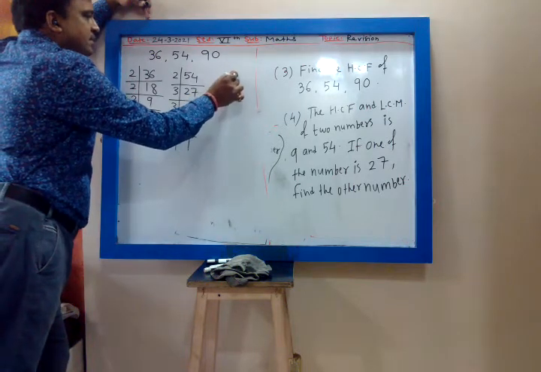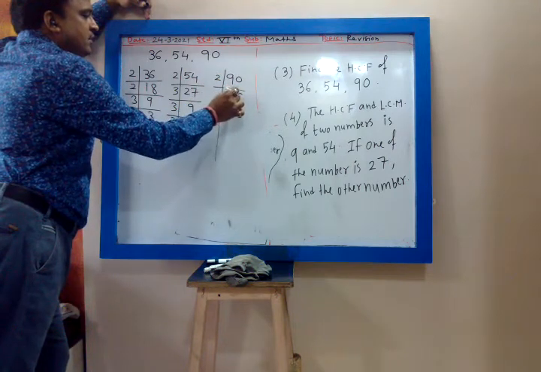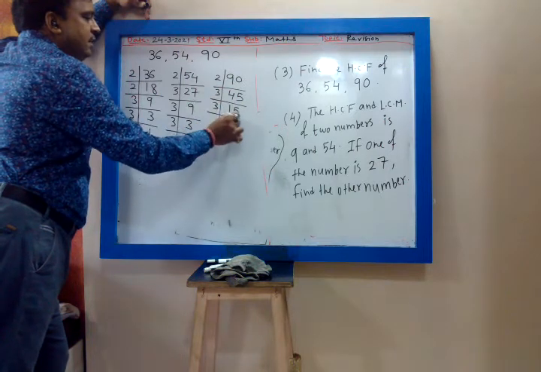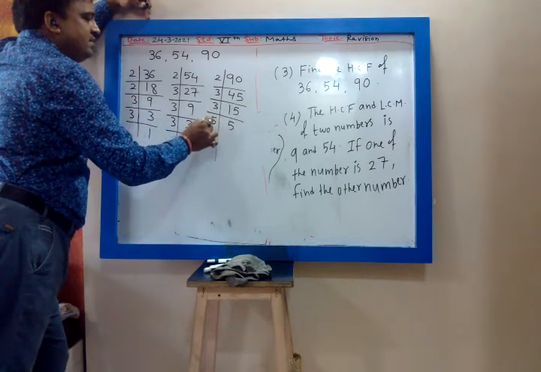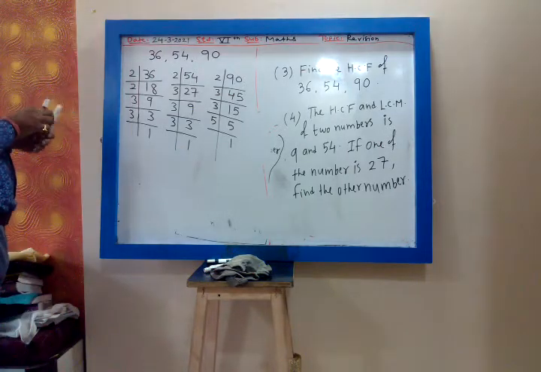Then 90: start with prime number 2, 2 45s, then 3 15s, then 3 5s are 15, 5 1s are 5.